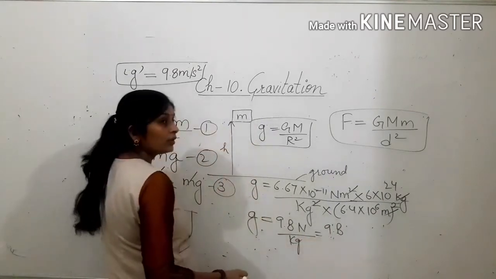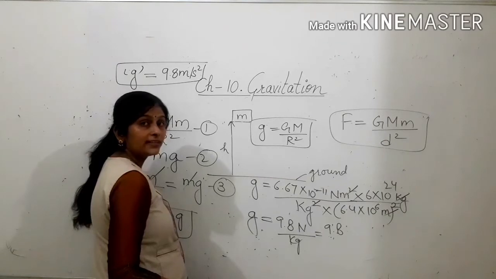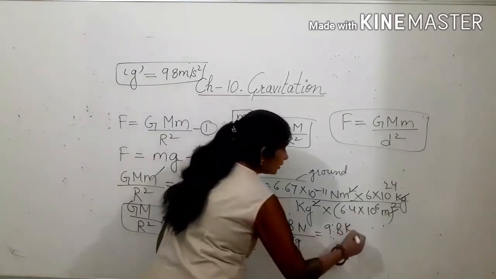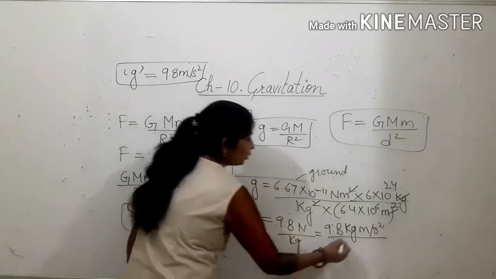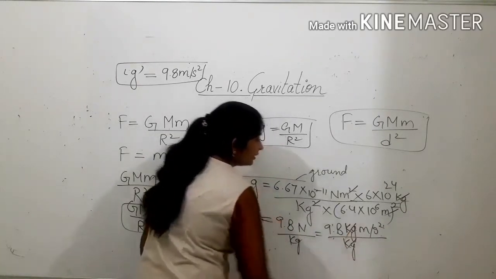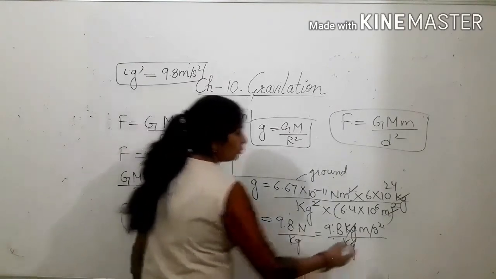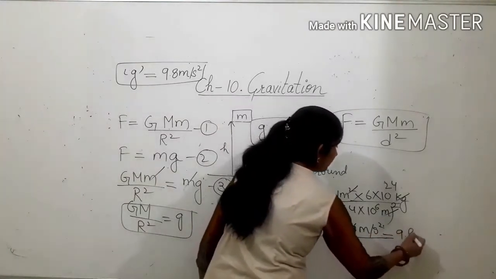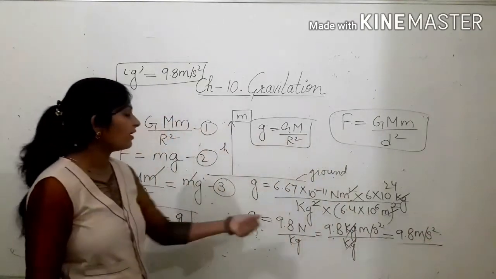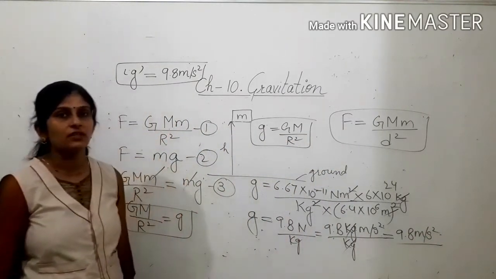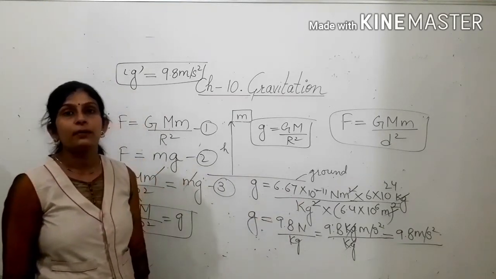In chapter 9 you studied what is Newton. It is kilogram meter per second square upon kilogram. Cancel kilogram by kilogram. Now what have you got? 9.8 meter per second square.